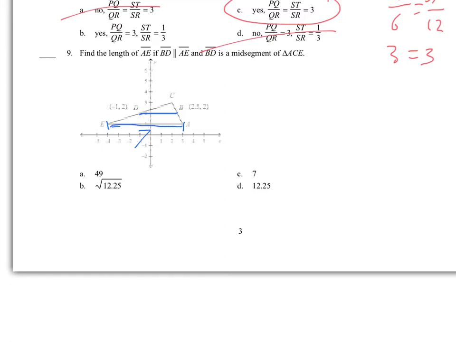Remember, the midsegment is half of 7, so all I have to do is take half, and actually they're wanting to find AE, which is 7. Yeah, that was simple. If I thought they were asking for DB, it's half of 7, which would have been 3.5.